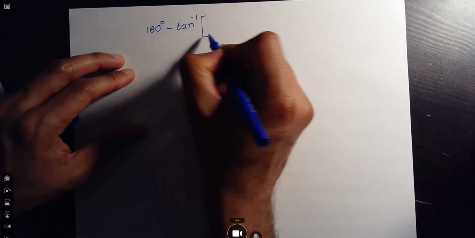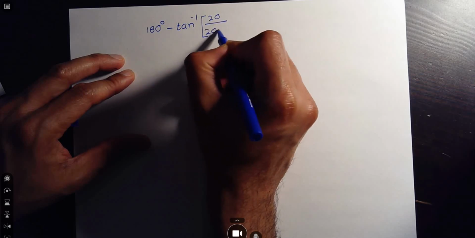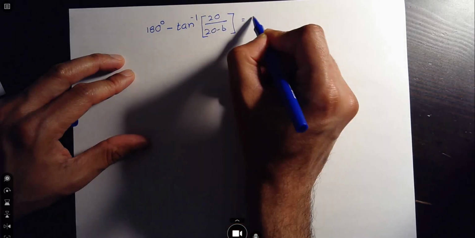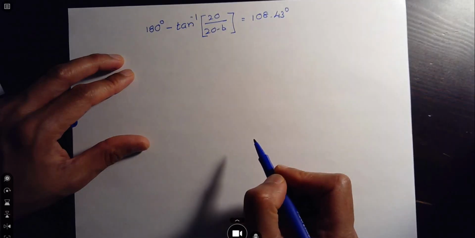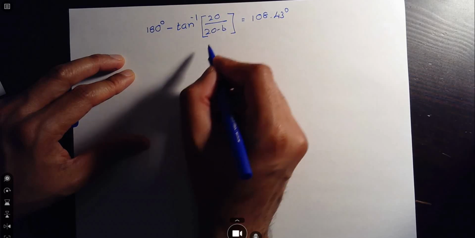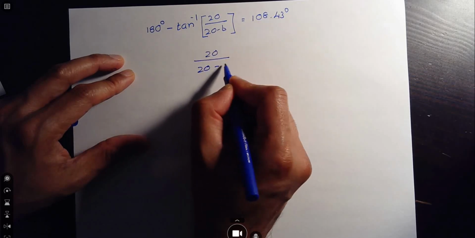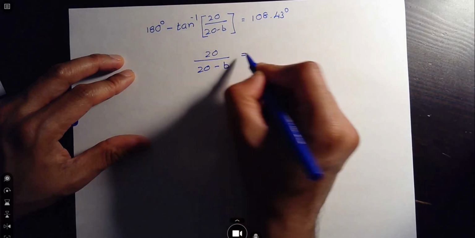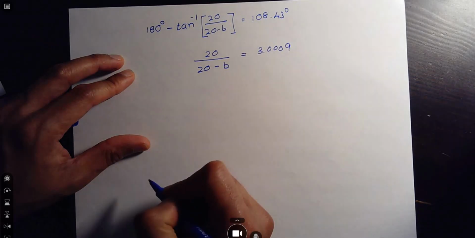Tan inverse of 20 over 20 minus b should equal 108.43 degrees. If you do the math here, you'll get that 20 over 20 minus b is equal to 3.0009.